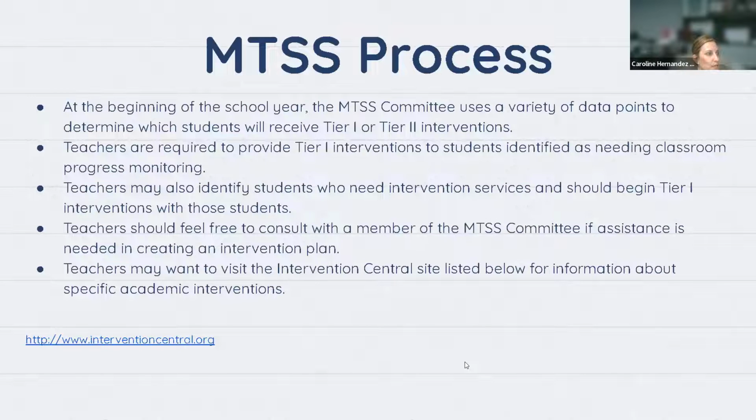Again, just to review the MTSS process, at the beginning of the school year, the committee will come together with a variety of data points and determine which students might be eligible for tier 1 or tier 2 interventions. And you might notice that the AIS or MTSS process doesn't start until a period into the school year.